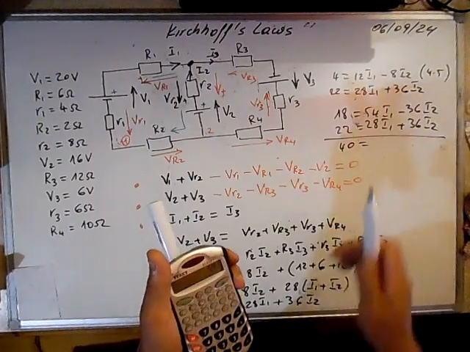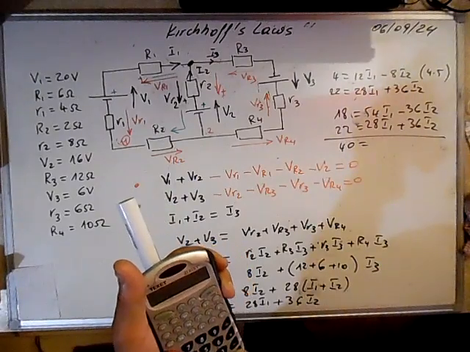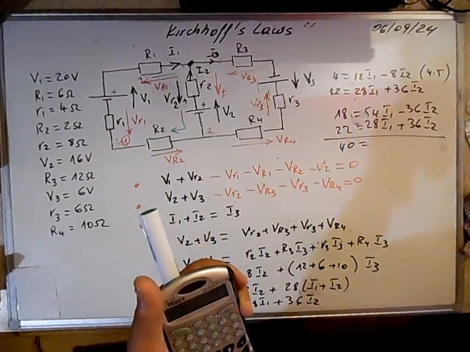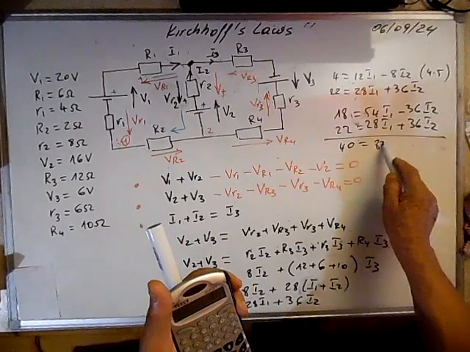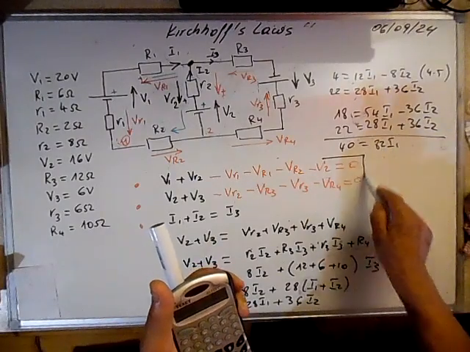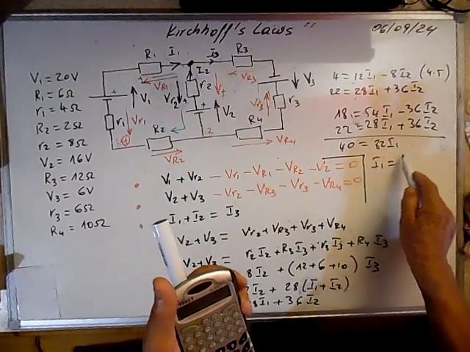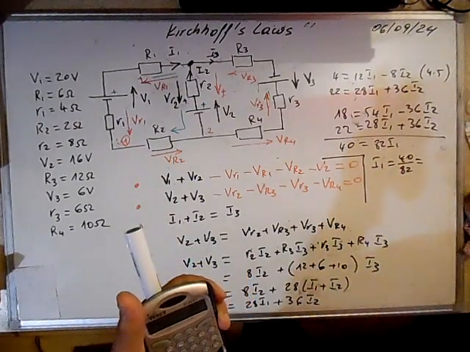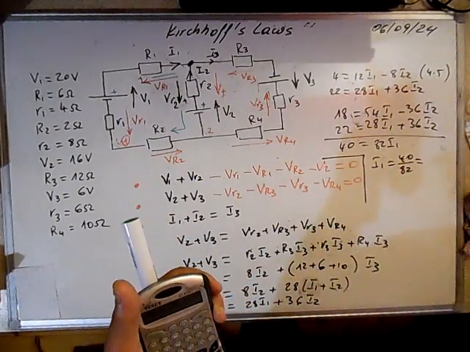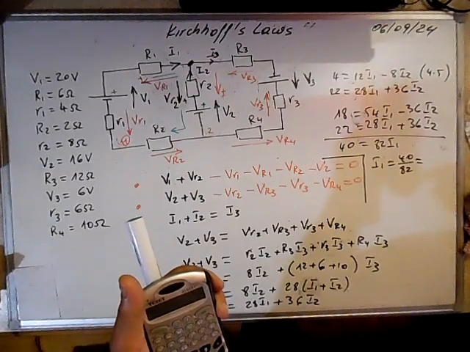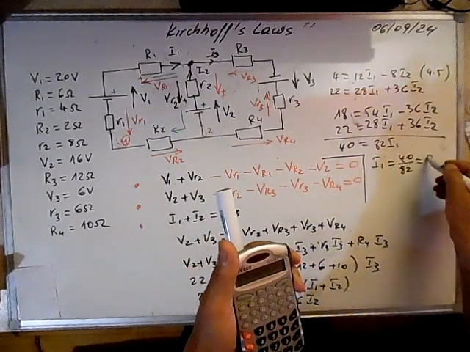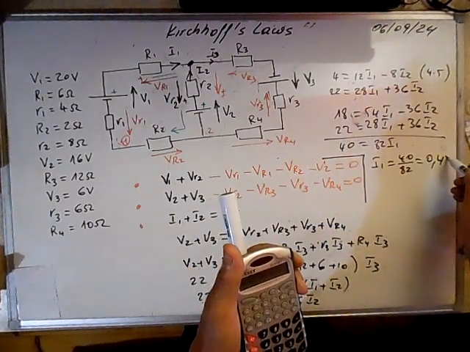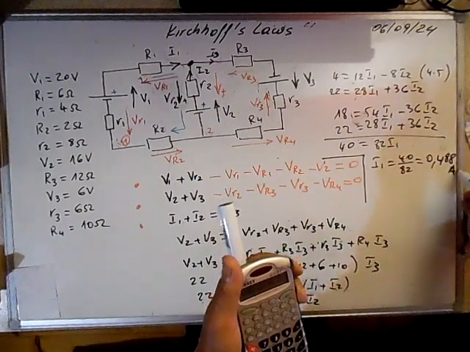So if we sum the two, here we have 40 is equal to 54 plus 28, 82 I1. So it means that I1 is equal to 40 over 82, which is 0.488 amps.